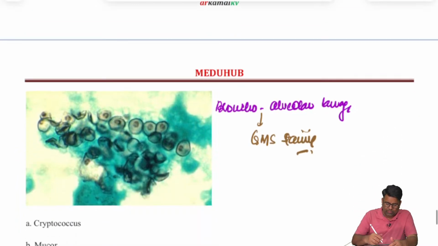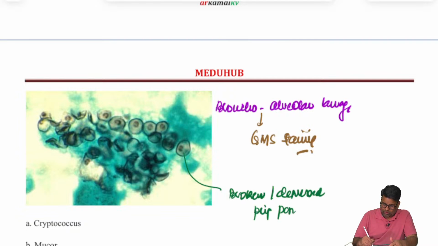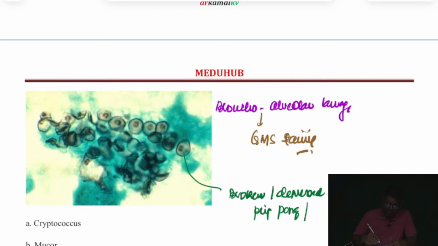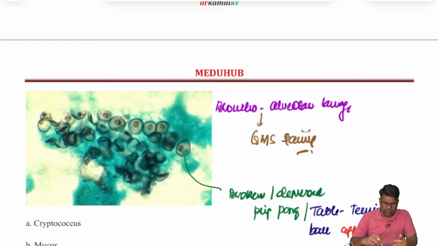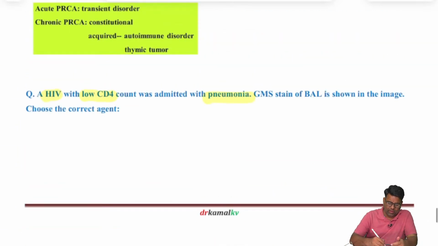And what we can see here is a classical broken or depressed ping pong or table tennis ball appearance. Okay, this is classical for Pneumocystis carinii. We know that Pneumocystis carinii causes pneumonia in an HIV infected person.